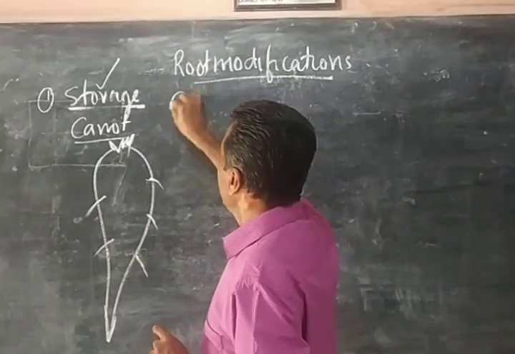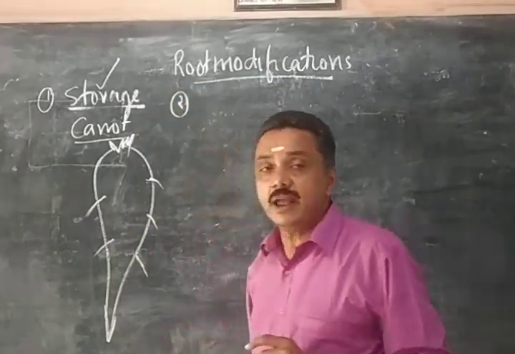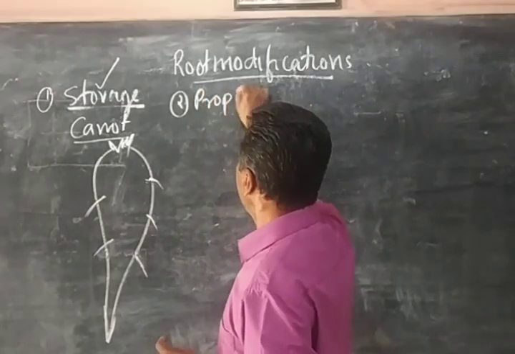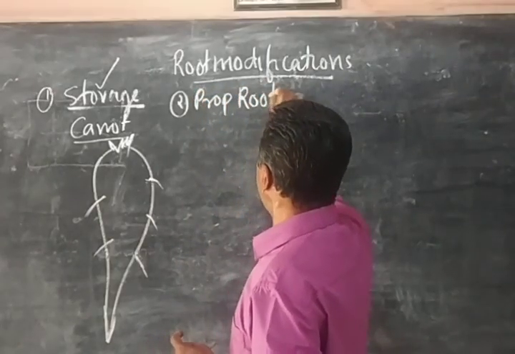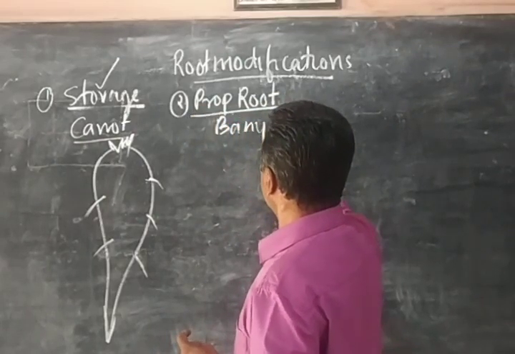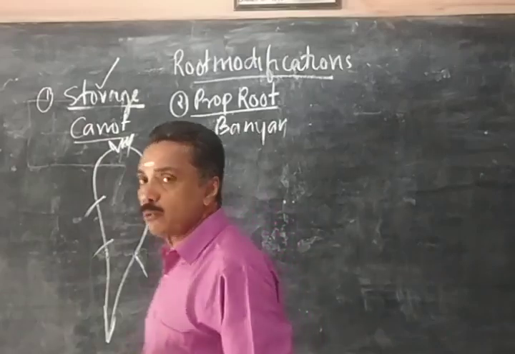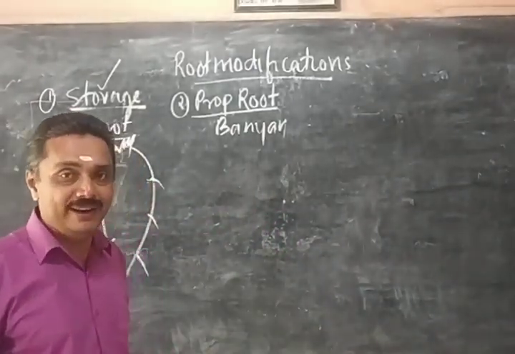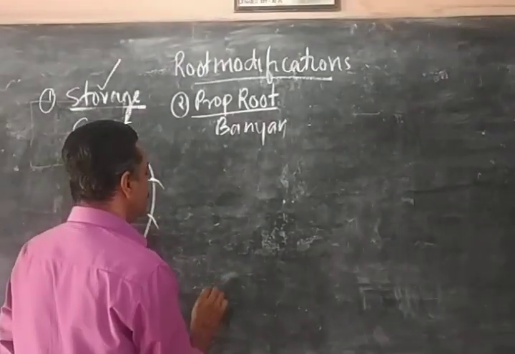Second, in plants like banyan tree, roots are called prop roots. Banyan trees are usually seen on the roadside.